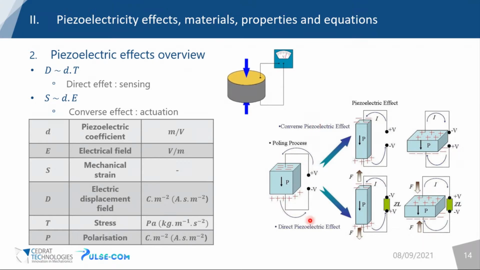We apply a really intense voltage in order to polarize the material. And once it's polarized, we can use the converse piezoelectric effect or the direct piezoelectric effect to have the energy conversion between mechanical and electrical.